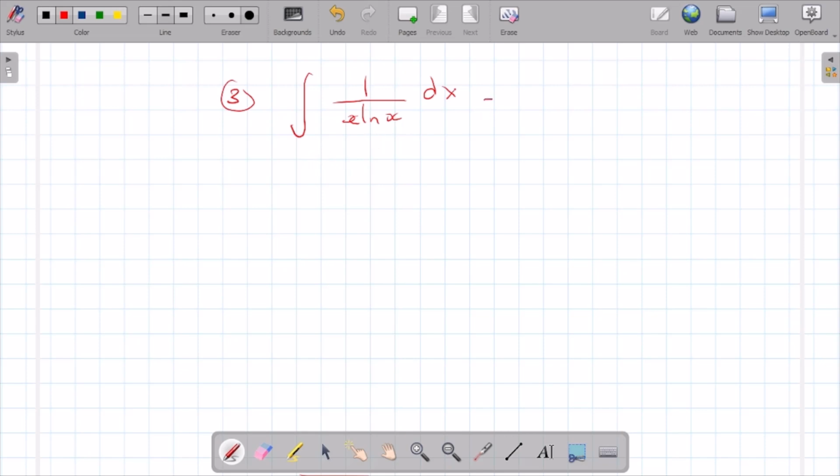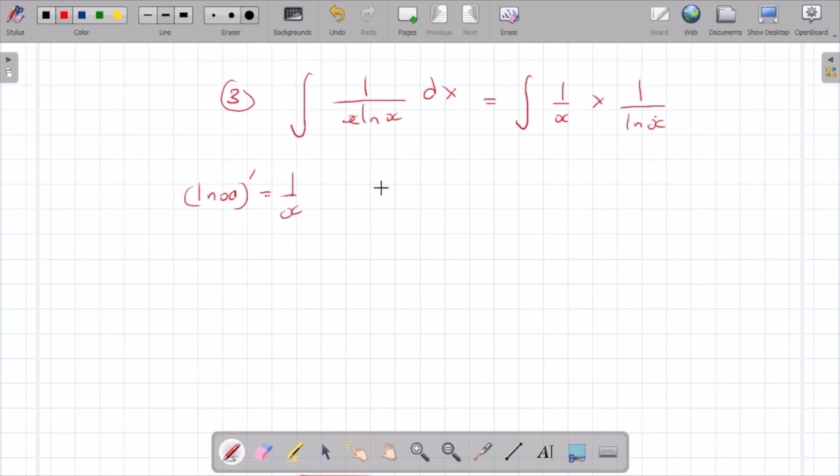Now I can also write this as the integral of 1 over x multiplied by 1 over natural log of x. Great. Now this 1 over x is the derivative of natural log of x. The derivative of natural log of x is 1 over x.